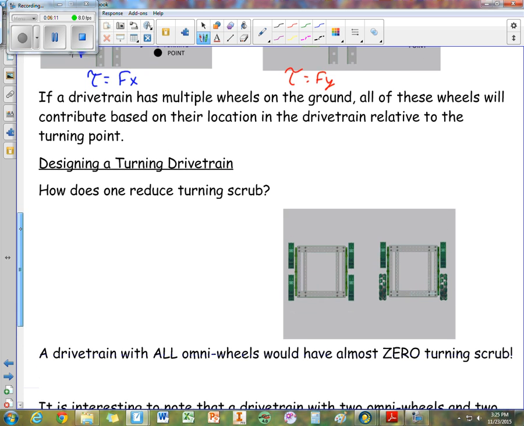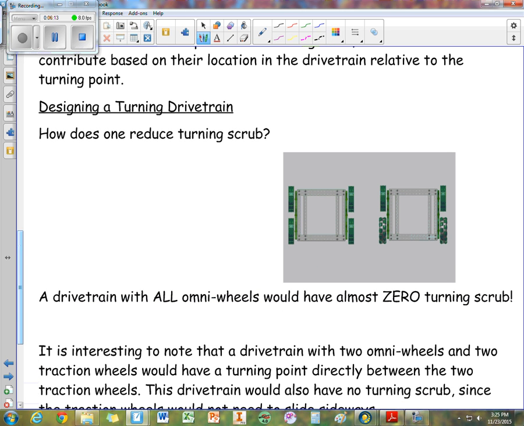So, how can we reduce turning scrub? Well, we can choose different wheels. We can try to choose low friction wheels. We could make our y smaller.